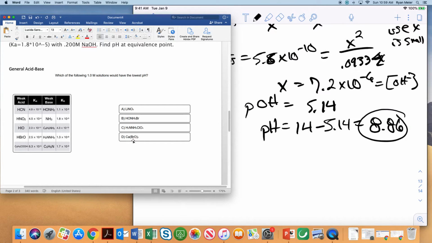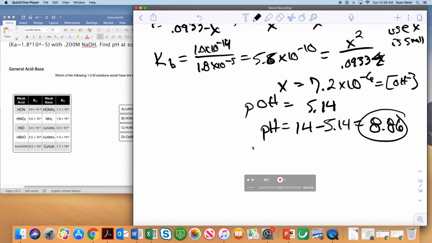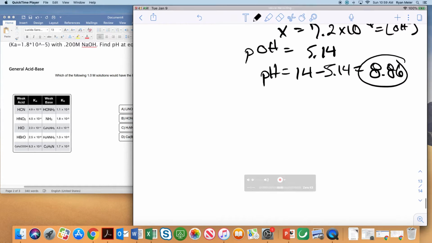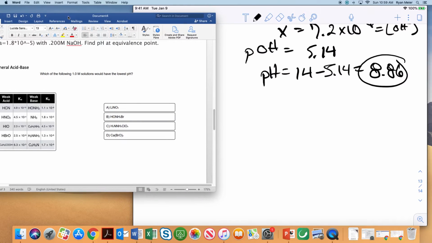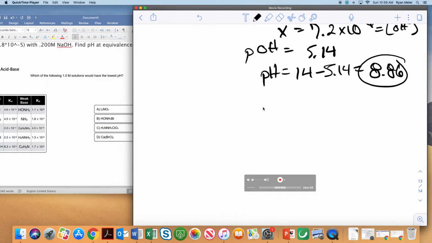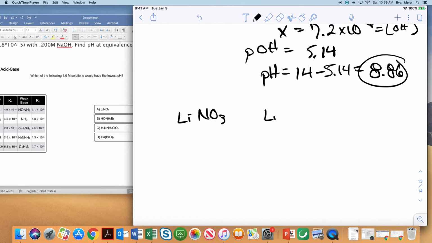Well, the best way is to break these things into their individual ions and figure out whether they are acidic or basic at all to start with. And if they are acidic, we can use the Kas of the acid, basically the cations in those cases, to check. So going through each of these, I'm going to break them down to their ions. The very first one looks like lithium nitrate, LiNO3. Broken apart, I have Li plus and NO3 minus.